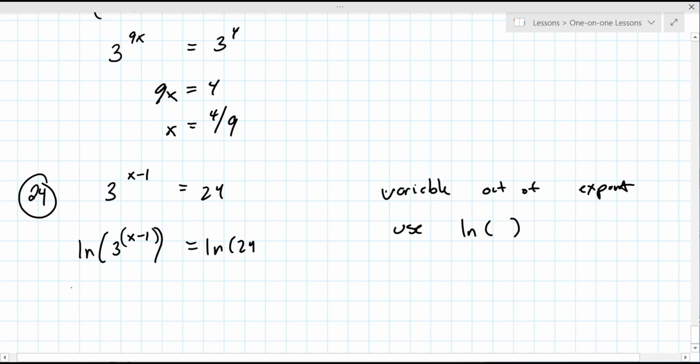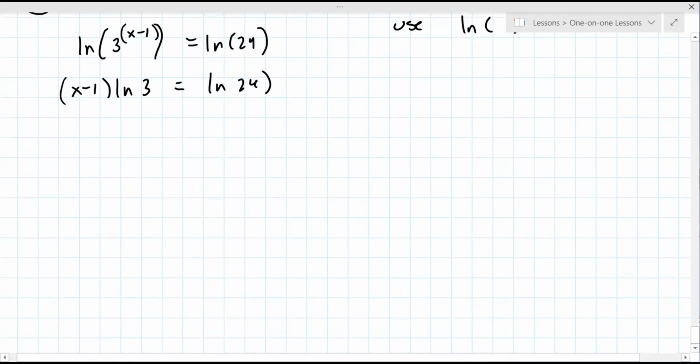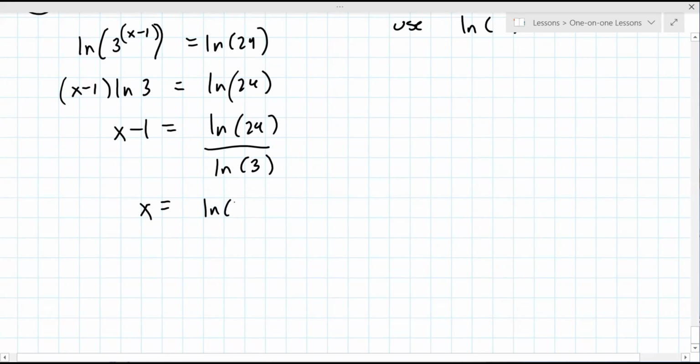So it becomes x minus 1 in parentheses, natural log of 3 equals natural log of 24. So you can divide both sides by the natural log of 3. x minus 1 equals natural log 24 over the natural log of 3. And then you add 1 to both sides. So x equals natural log of 24 over the natural log of 3 plus 1.